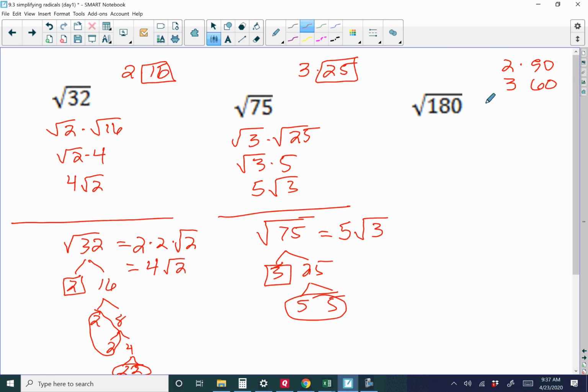Those aren't perfect squares. What about 4 times 45? Well, 4 is a perfect square. So let's try that. Let's start there. Square root of 180, I can break it down into the square root of 4 times the square root of 45.